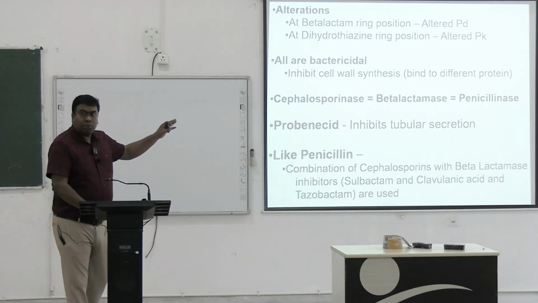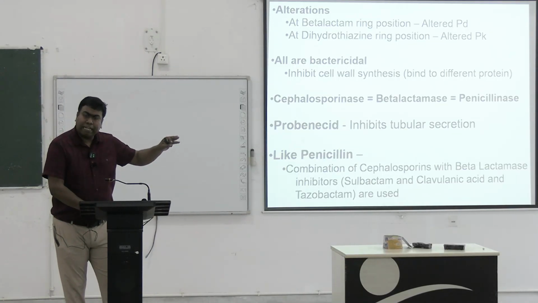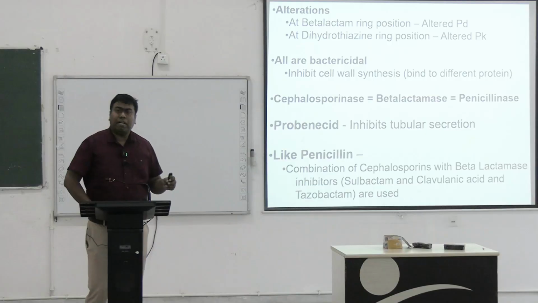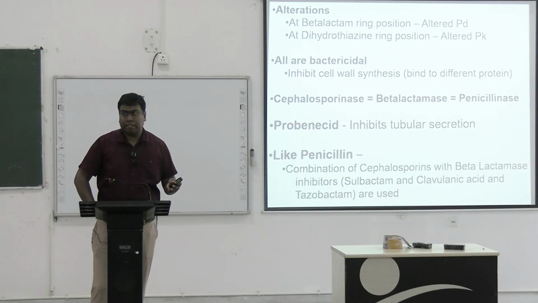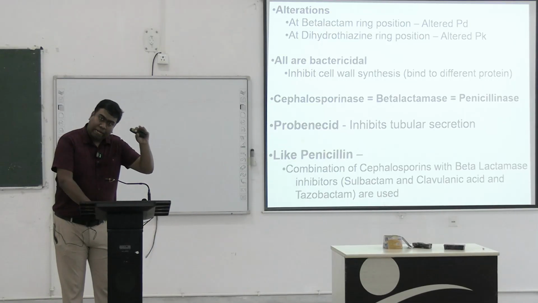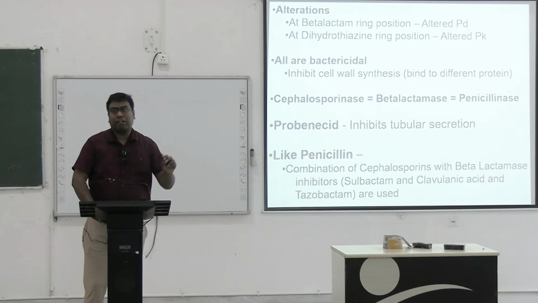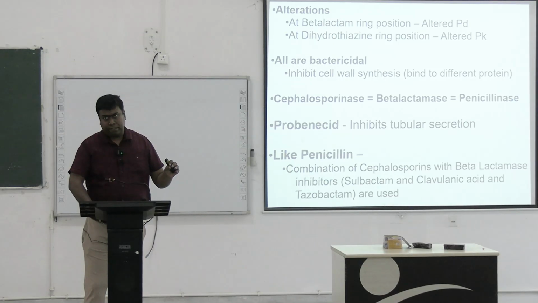So, how is the mechanism of action? Mechanism of action is similar to penicillin. Penicillin kibhabe kore? Inhibit kore. Mechanism of action is similar to penicillin. Oigulo sob likhte hobe, thik ache?